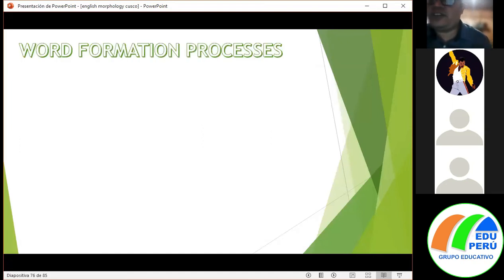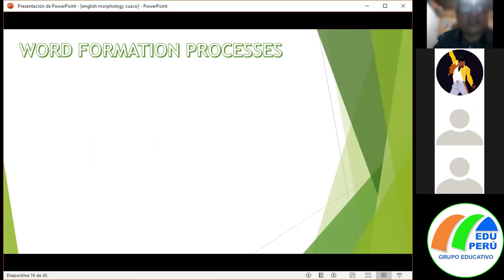Now, we are going to pass to another topic related to the formation of words. Remember, morphology in general is related to the formation of words, how we are going to make words. And we are going to use some processes to do that. We were talking about some of the processes. For example, previously, when we talked about derivational and inflectional, we called this affixation.